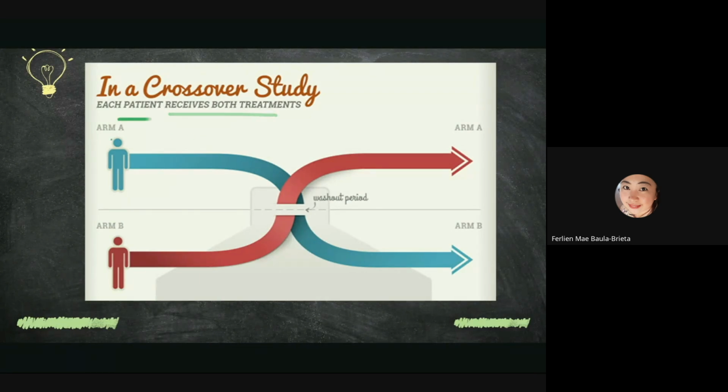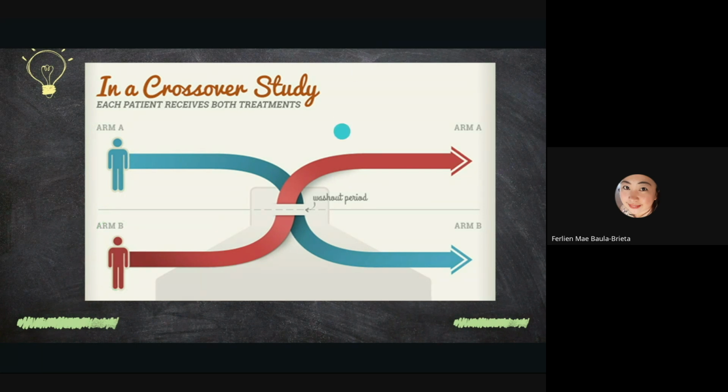Allowing all of them to receive both treatments, but of course at different times, phase 1 and phase 2. All other conditions in phase 1 and phase 2 should be the same, but there's just a swap in the population. Okay? I hope that is noted by everyone.